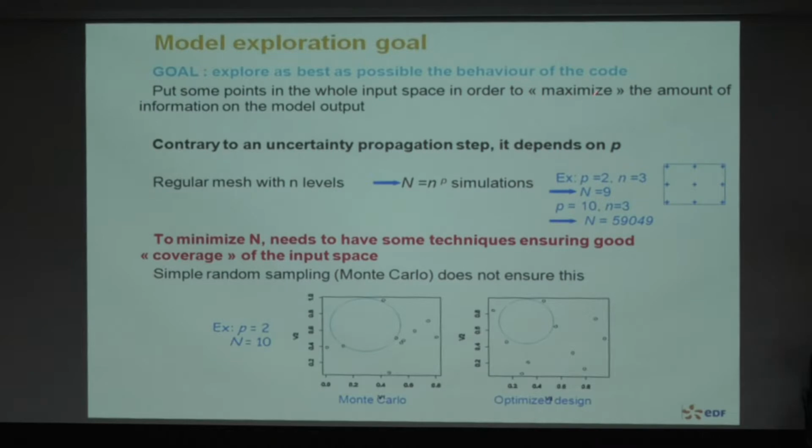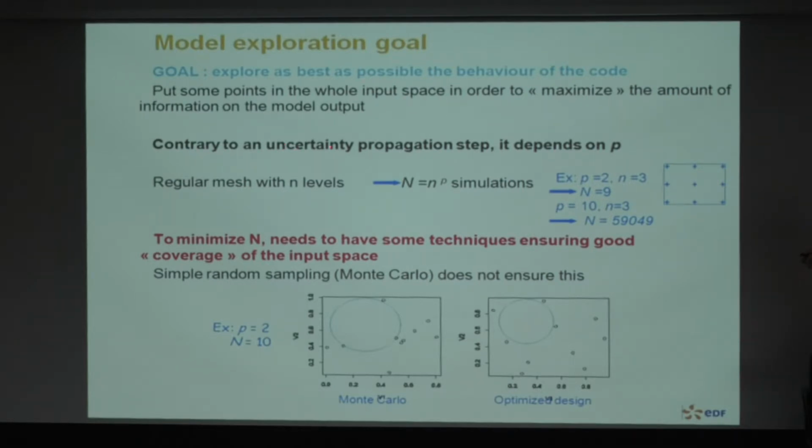So we have to define maximize, we have to define amount of information, of course, but this is the global idea in words. And one of the big challenges is that this kind of goal depends fully on p. p is the number of inputs. If you have 2 inputs or 100 inputs, of course, it's not the same task to explore the input space.